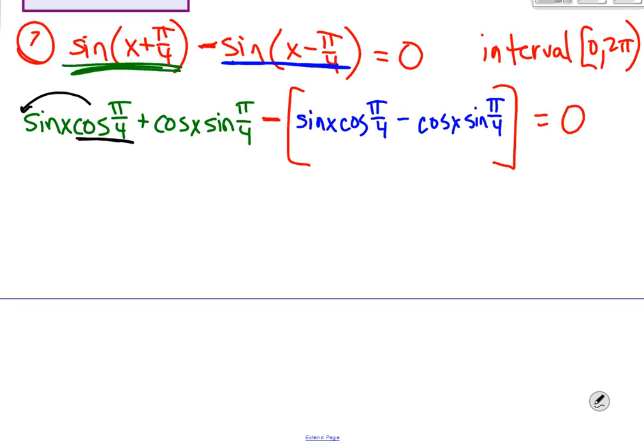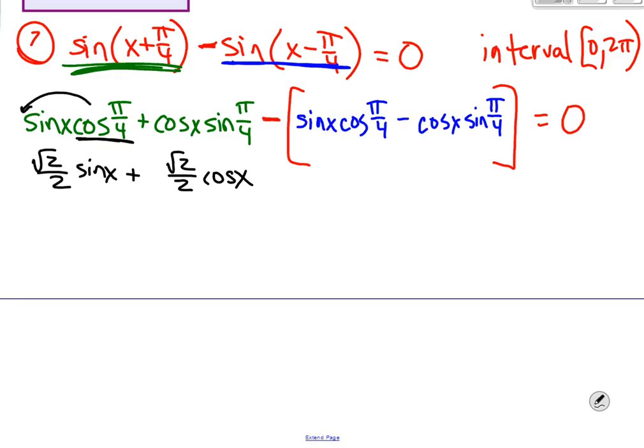So when you look at your table, what is the cosine of pi over 4? Square root of 2 over 2. And what's the sine of pi over 4? Same thing, yep. So I'm just going to rewrite these with the square root of 2 over 2 sine x plus the square root of 2 over 2 cosine x.